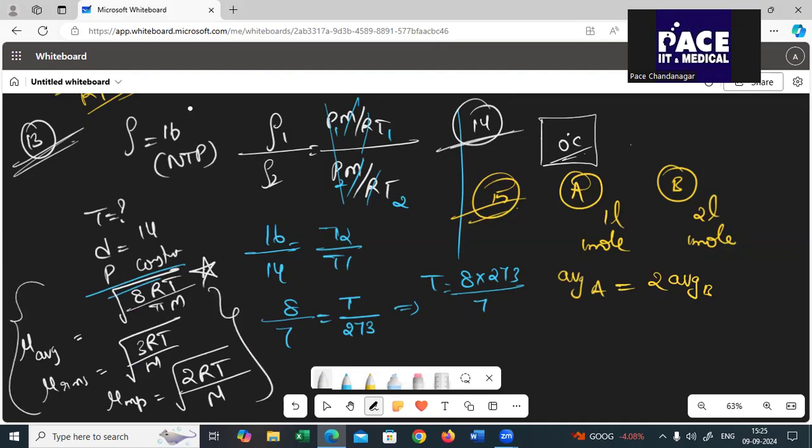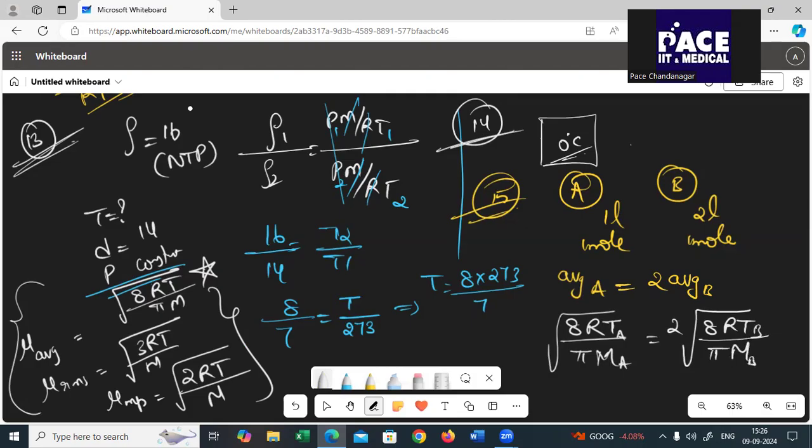Now, average of A means under root 8RTA by pi times the molar mass of A is equal to 2 times under root 8RTB by pi times the molar mass of B, right?